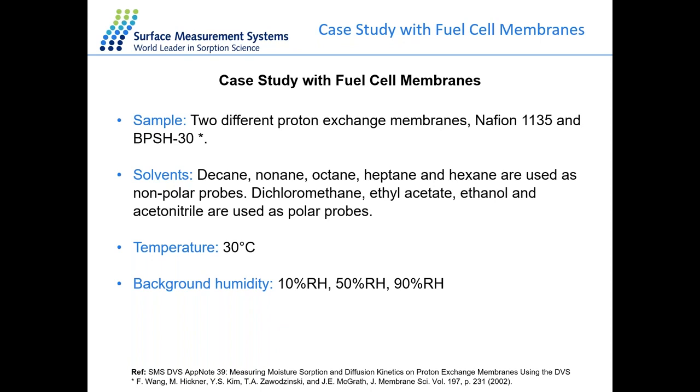And then we use a series of polar probes for the specific surface energy: dichloromethane, ethyl acetate, ethanol, acetone, and acetonitrile. We performed the experiment at 30 degrees with the background humidity varying from 10, 50, and 90% RH.